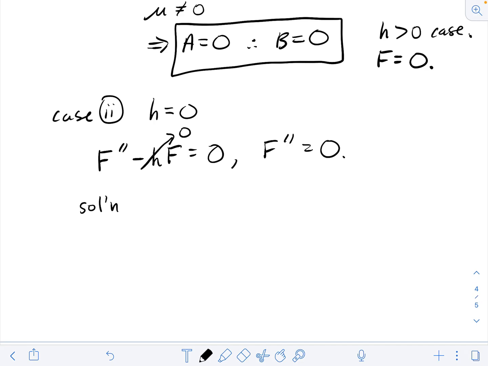The solution is a straight line, and you could probably see that pretty easily, because if we write f as a straight line, some slope a times x plus b, when you take the first derivative, that's just equal to a, the slope, and then when you take the second derivative, if you have a straight line, the slope is a constant, and f double prime equals 0, and that's as expected.